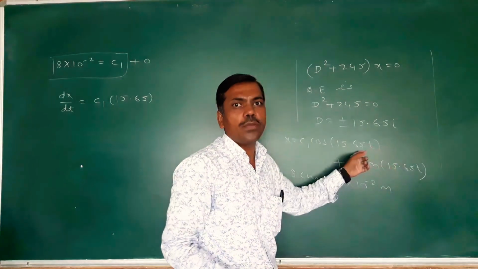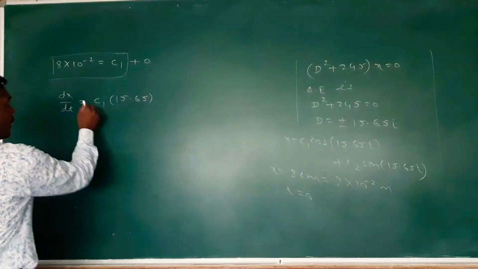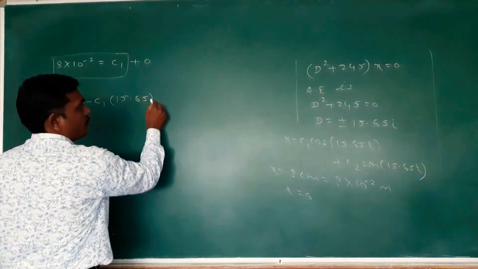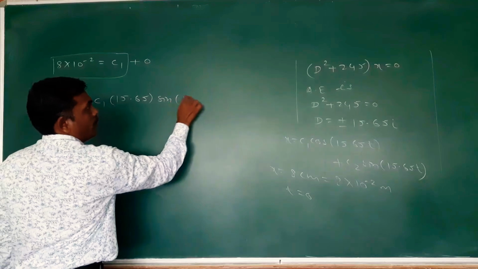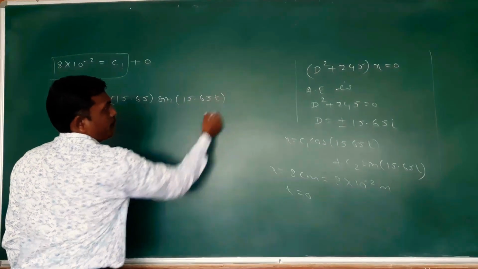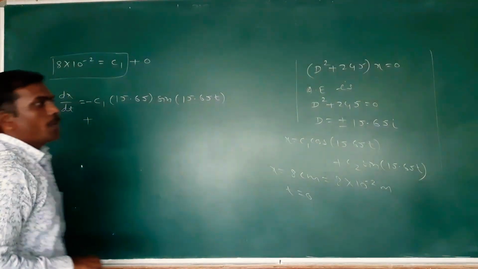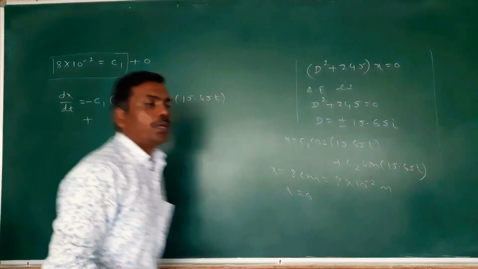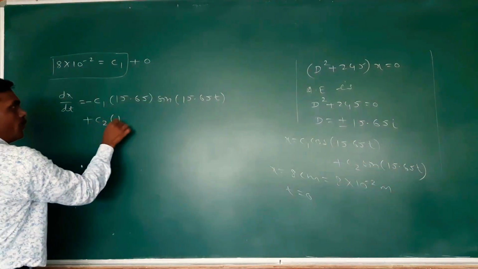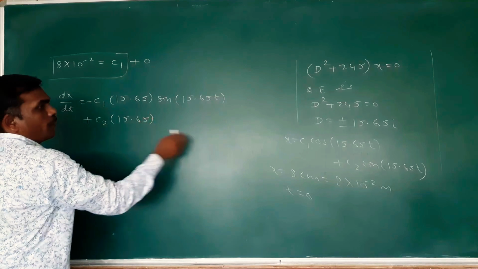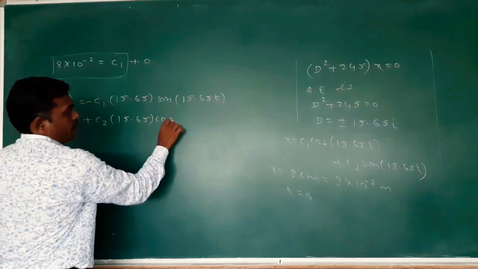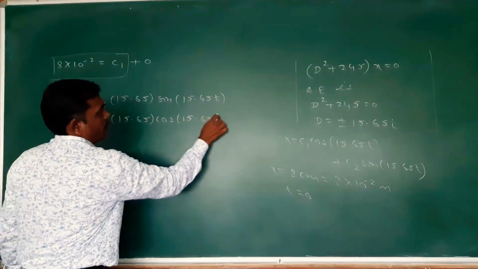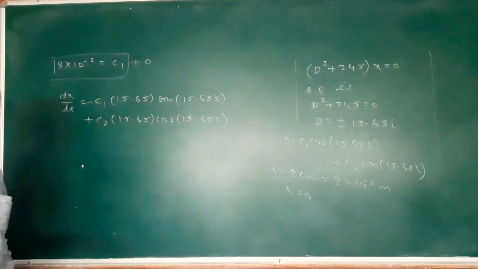So here minus C1 15.65 sin of 15.65t, plus C2 into 15.65, derivative of sin is cos, 15.65t. Right? Now put t equal to 0.